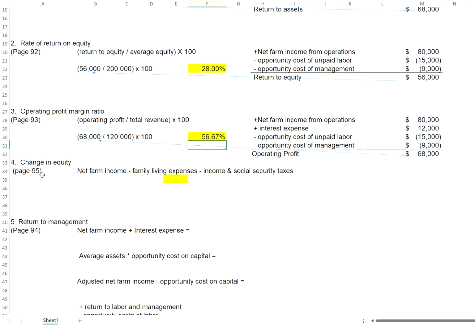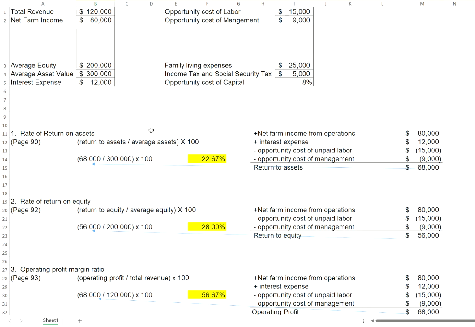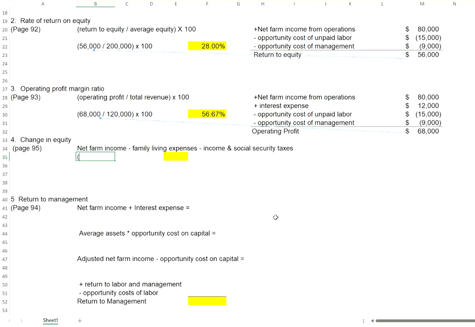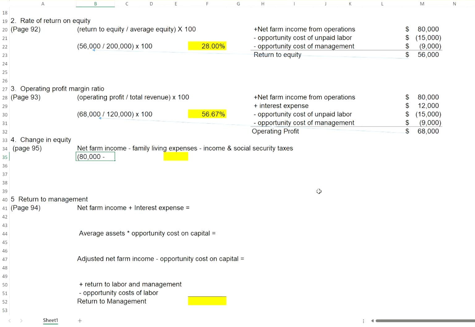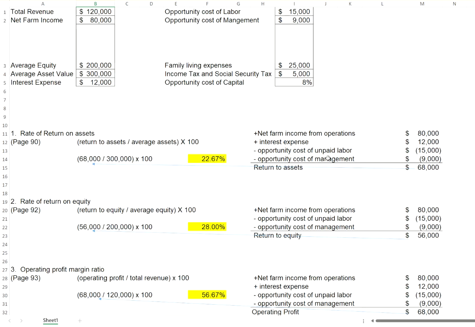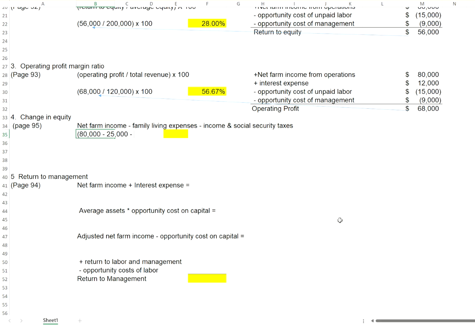Okay, next I will calculate change in equity. This formula is on page 95 in your book. You want to take the net farm income, which once again is given at $80,000. You want to subtract out the amount that's taken out for family living expenses, which is given at $25,000. And you want to subtract out any payments that you've paid for income tax and Social Security tax, which is given at $5,000.